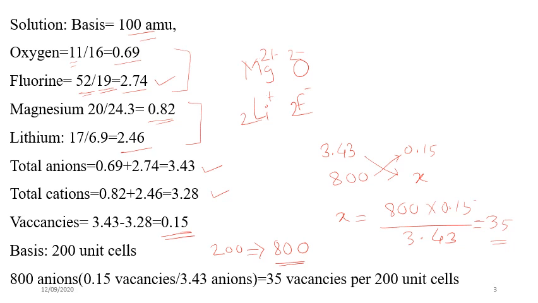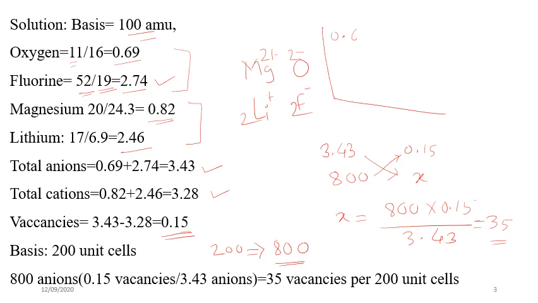Now you may have a question. If we have these many anions, 3.43, and these many cations, is this compound charge stable? Yes, this compound is charge stable, we will see. We will try to measure its charge.